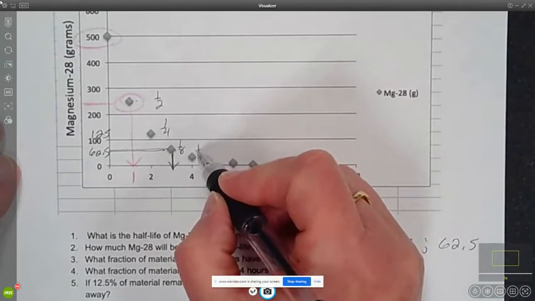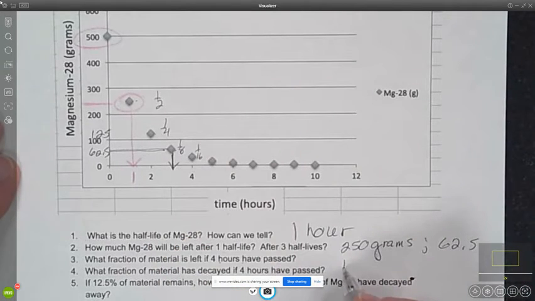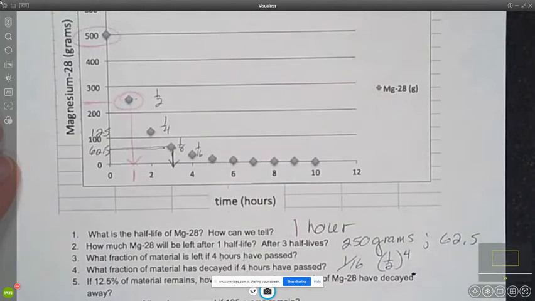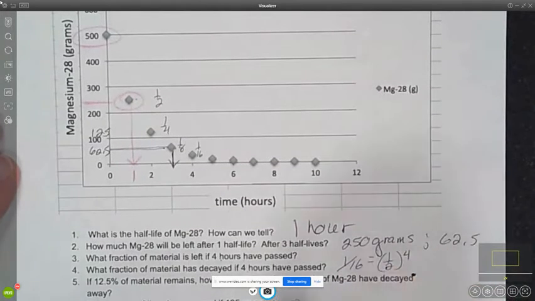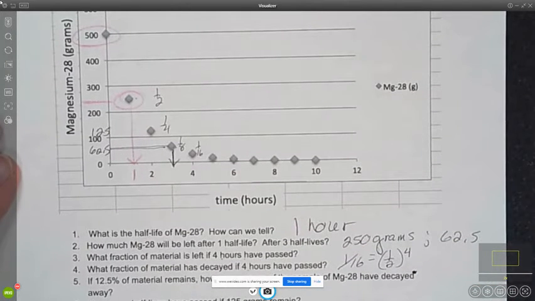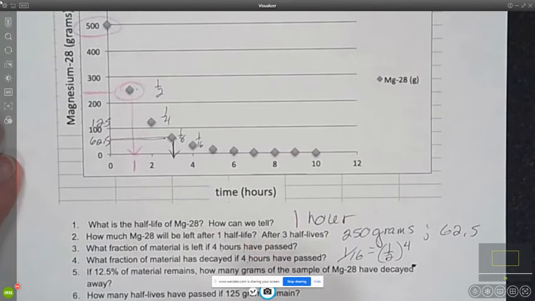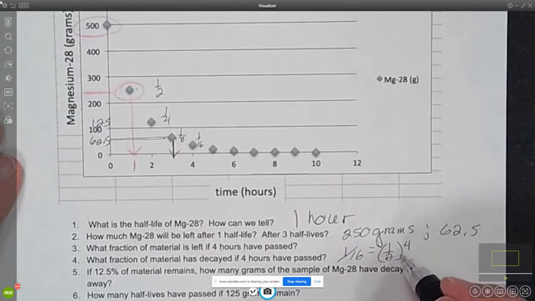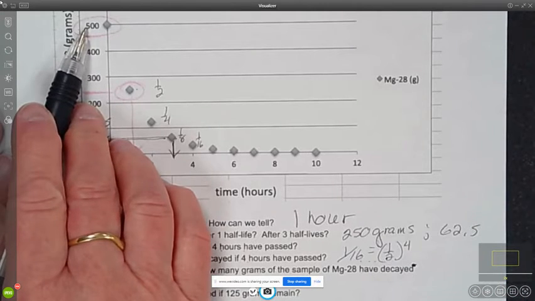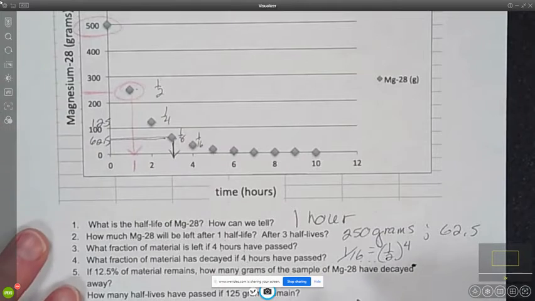And this would be 1/16 here. 1/16, or 1/2 to the 4 hours. That's our half-life. So that's 1/16 of the material left. That's our fraction of the material. If I wanted to look at the exact amount, then I would go 1/16 of the 500 grams that we started with.